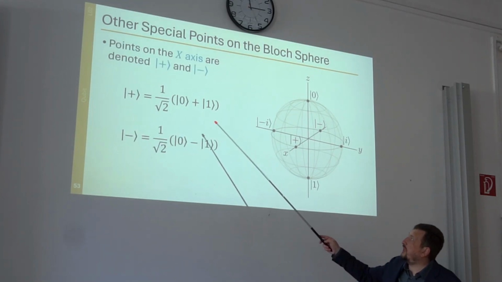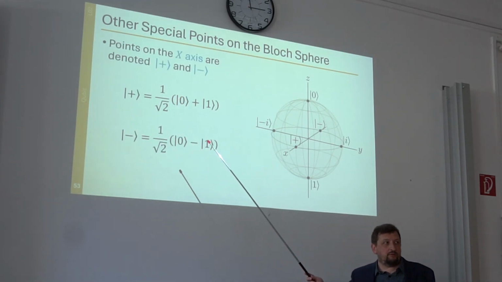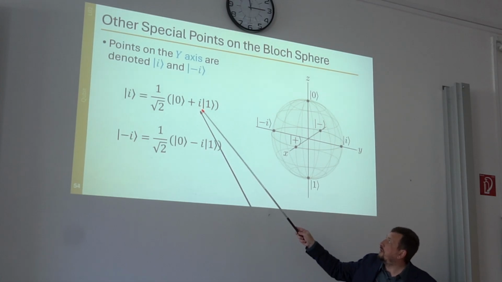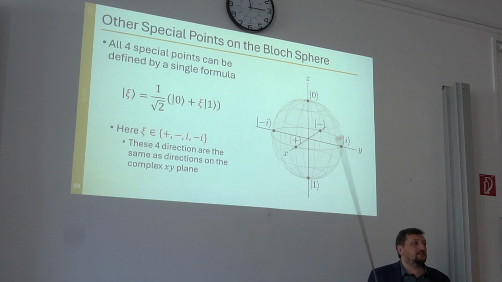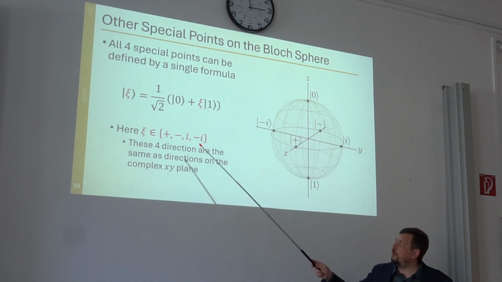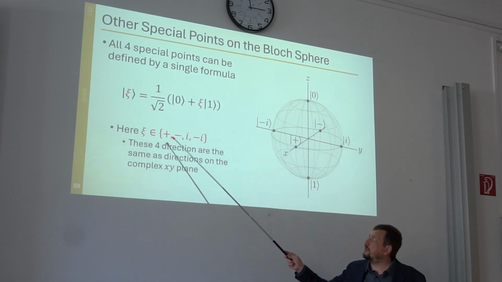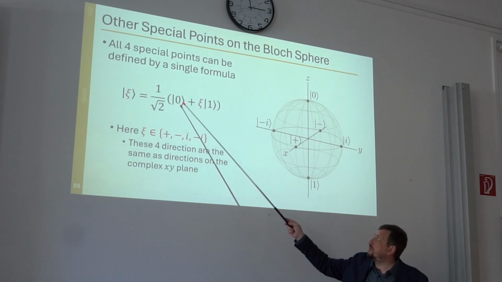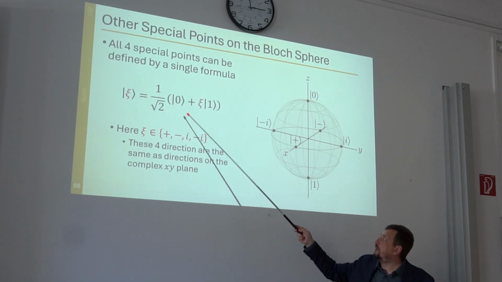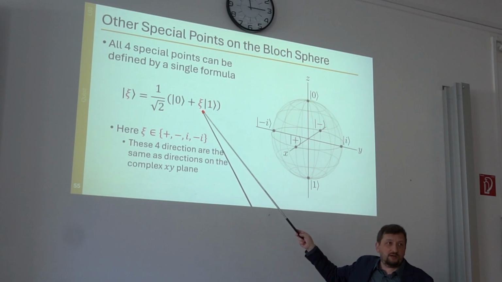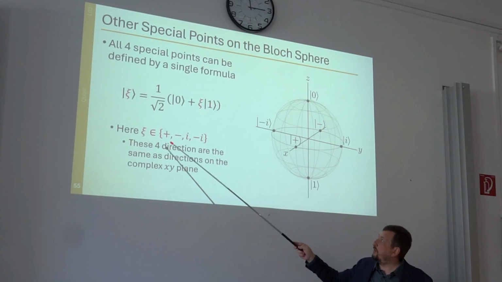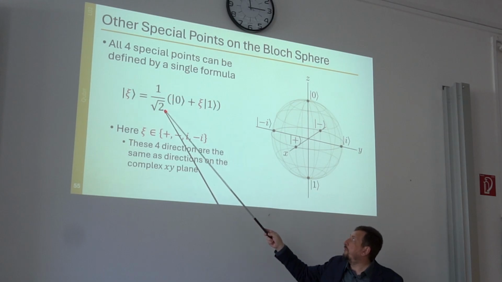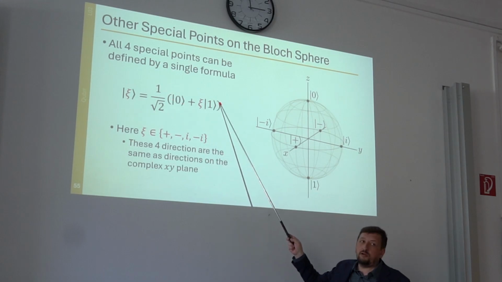All these states are equal superpositions of 0 and 1. They differ only by the phase that stands here. So all these four states can be written with one formula: state psi, where psi is plus, minus, i or minus i. This is 1 over square root of 2, times 0 plus psi times 1. For example, if psi is i, I will have the state i, 1 over square root 2, 0 plus i 1.